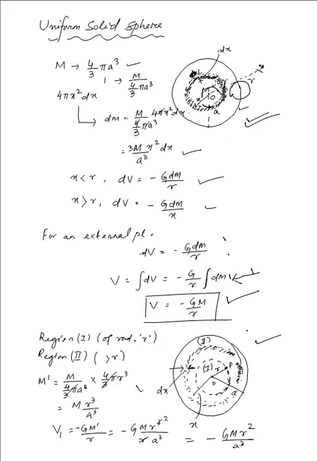In the second case, some of the masses are staying inside that point, and some of the masses are staying out of that point, in that external region too. So it was apt for us to divide those two regions, that is the region 1 and the region 2.